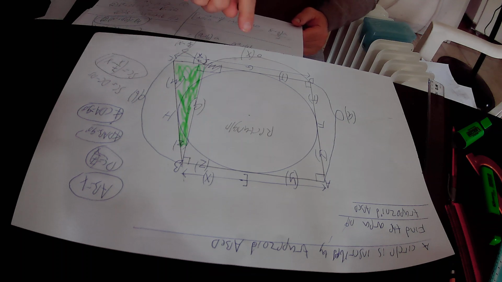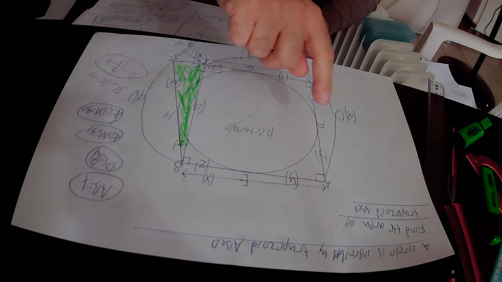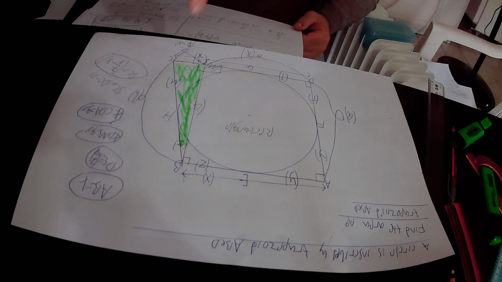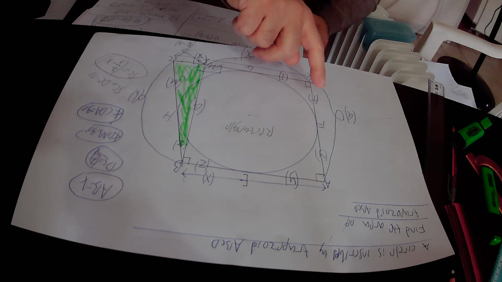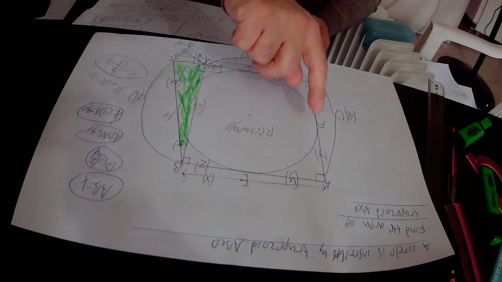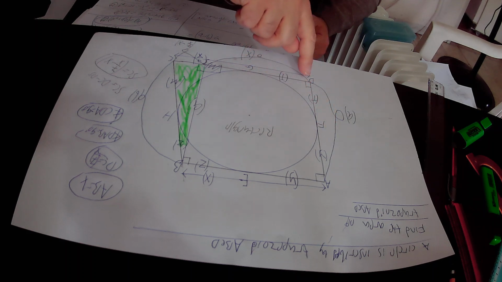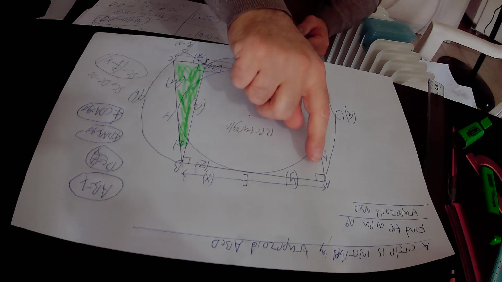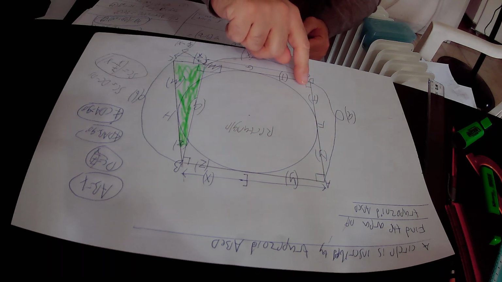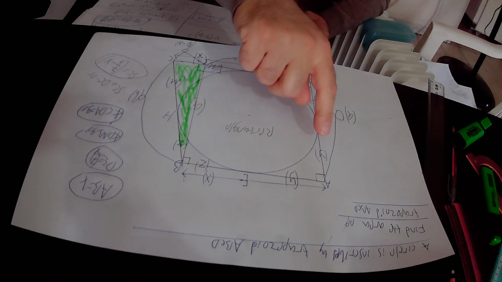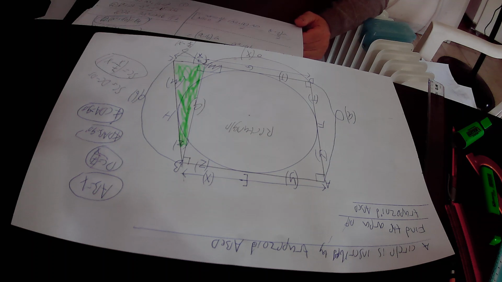The height is AD because AD creates 90 degrees with the two bases. This angle equals 90 degrees and this angle equals 90 degrees. So the height is AD.